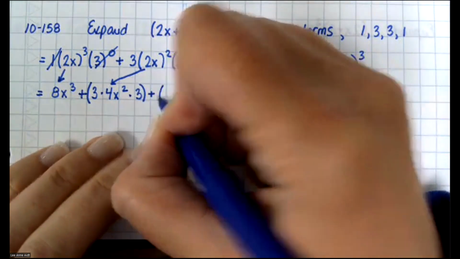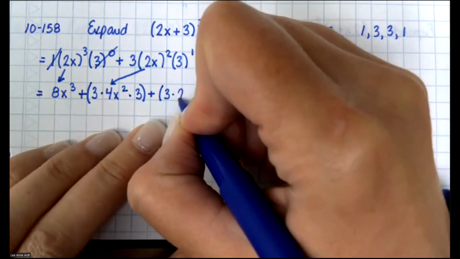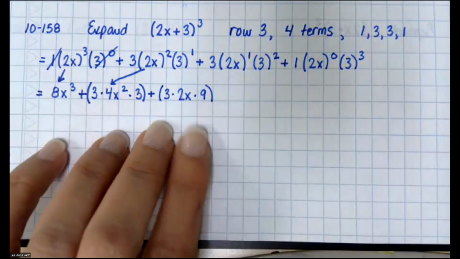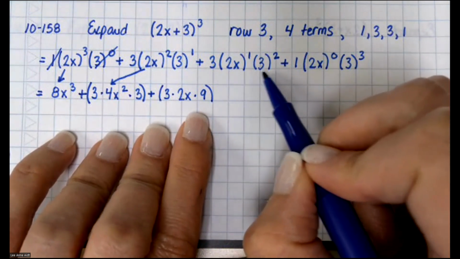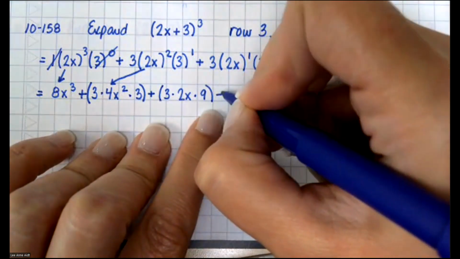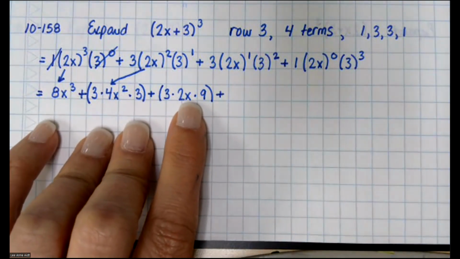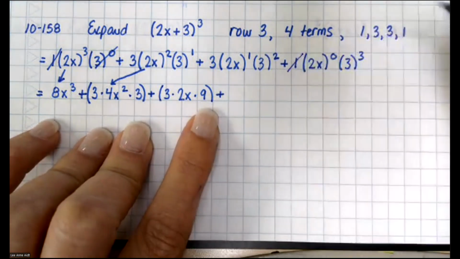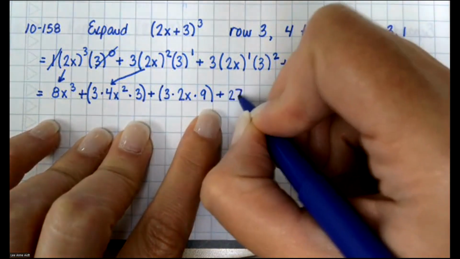Okay, so this one would be 3 times 2x times 9. 3 times 2x times 9. You guys see where that came from? You see the 9? Okay. And then this is 1, and this is 1, and this is 27.